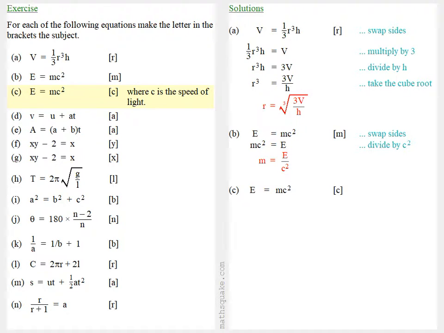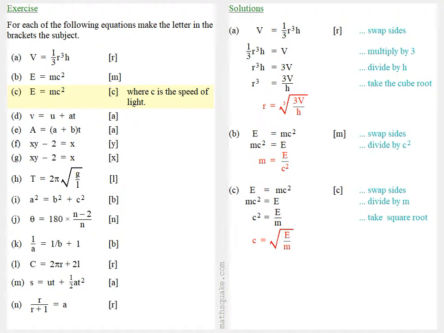In question C, we have E equals mc squared, and we're asked this time to make c the subject. So the first thing we'll do is swap the sides to get c onto the left-hand side, and that gives us mc squared equals E. Now we'll divide by m, so c squared equals E over m, and then we'll take the square root.